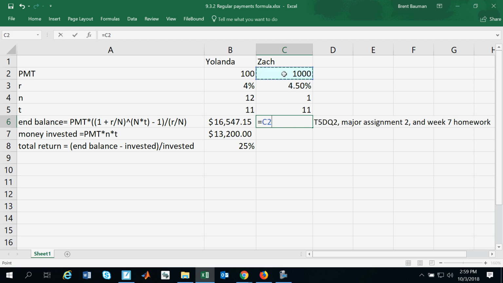So we have his payment times parentheses, almost forgot the second one there, 1 plus the rate divided by n, close the parentheses, the exponent, parentheses, n times t, close the parentheses, minus 1, close parentheses, divided by parentheses, r divided by n, close parentheses.